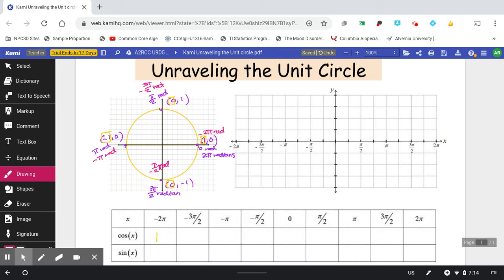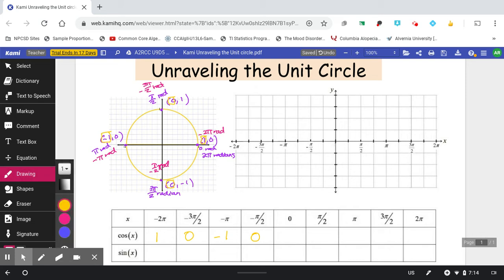I can see that there. And -3 pi over 2, going counterclockwise here, that would be up at the top. The cosine there is 0. And then going around that unit circle, I have a -1, and then I have a 0 again down at the bottom.